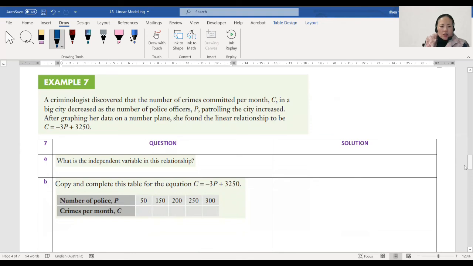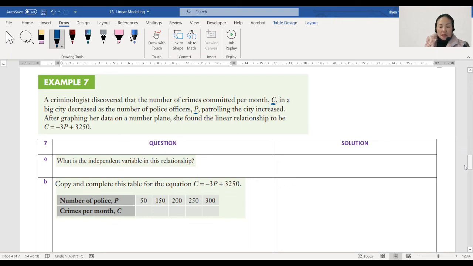Example 7. A criminologist, oh, interesting job, discovered that the number of crimes committed per month, C, C for crime, in a big city decreased as the number of police officers, P for police officers, patrolling the city increased.